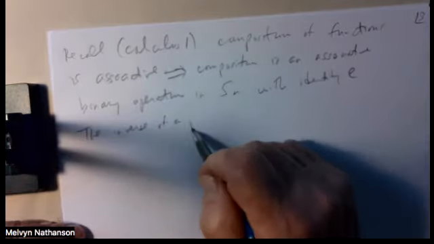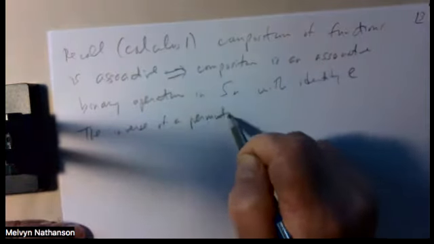The inverse of a permutation sigma is a permutation sigma inverse, such that sigma composed with sigma inverse and sigma inverse composed with sigma are the identity. And we saw that every one-to-one and onto function has an inverse function. So Sn is a group.